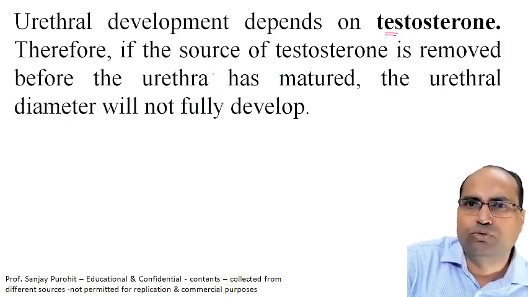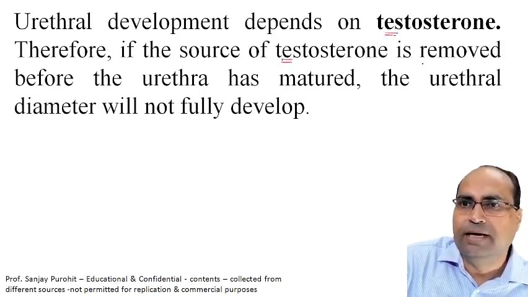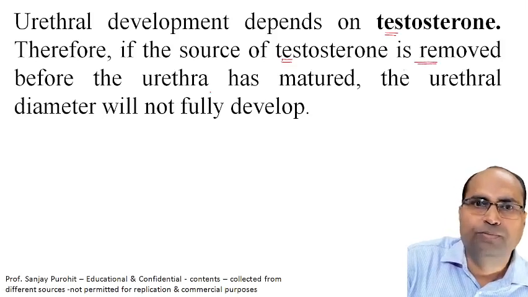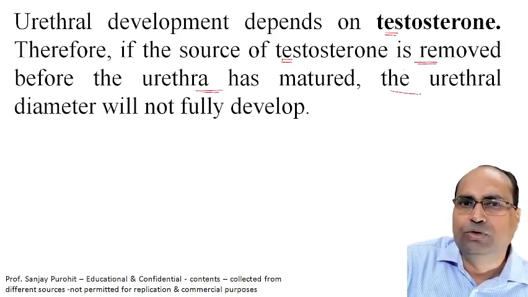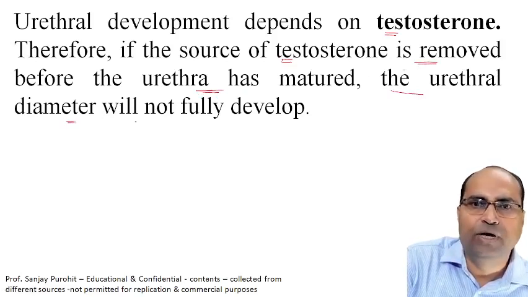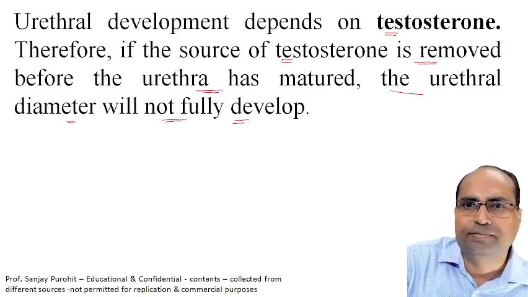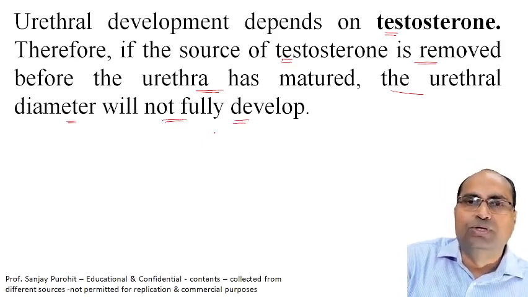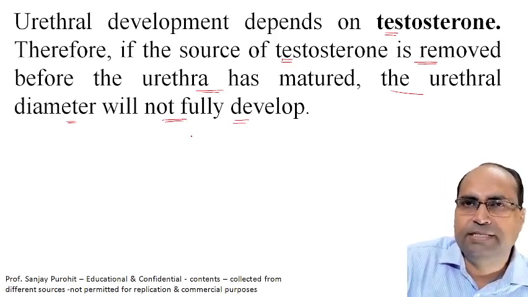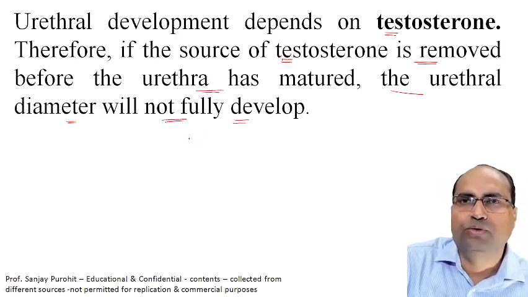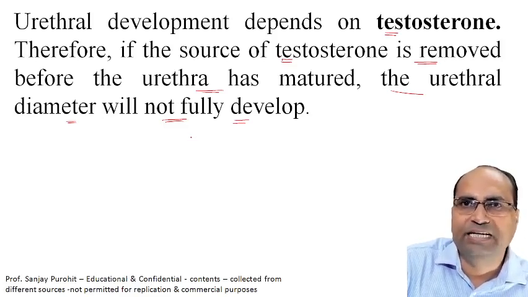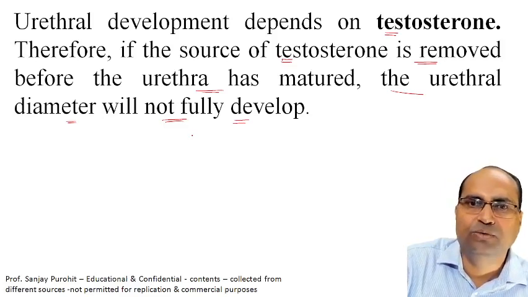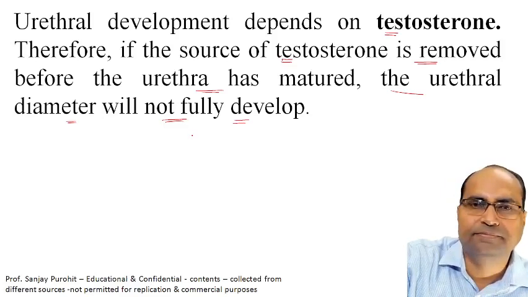Therefore, if the source of the testosterone, that is the testes, is removed before the urethra has matured, the urethral diameter will not fully develop. So, the incidence of obstructive urolithiasis is higher in castrated animals in comparison to intact ones.